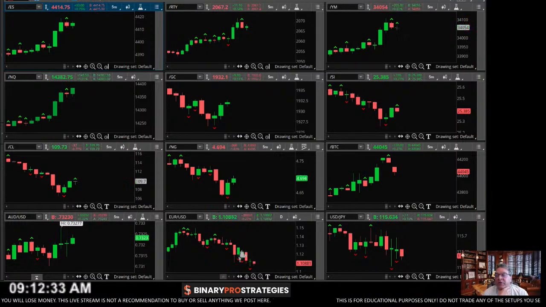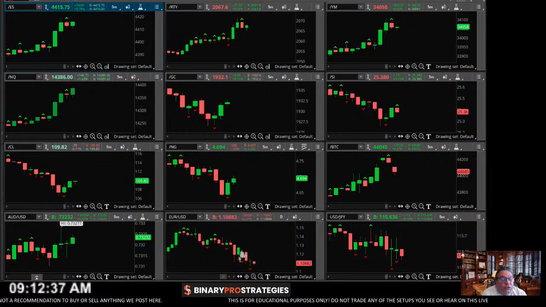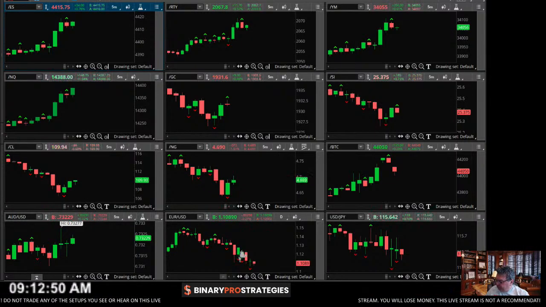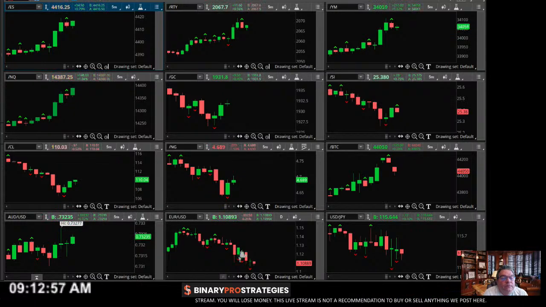Double plays looking good on the U.S. yen. Still short the 115.67, sitting at 115.64. Open at 115.63.2.